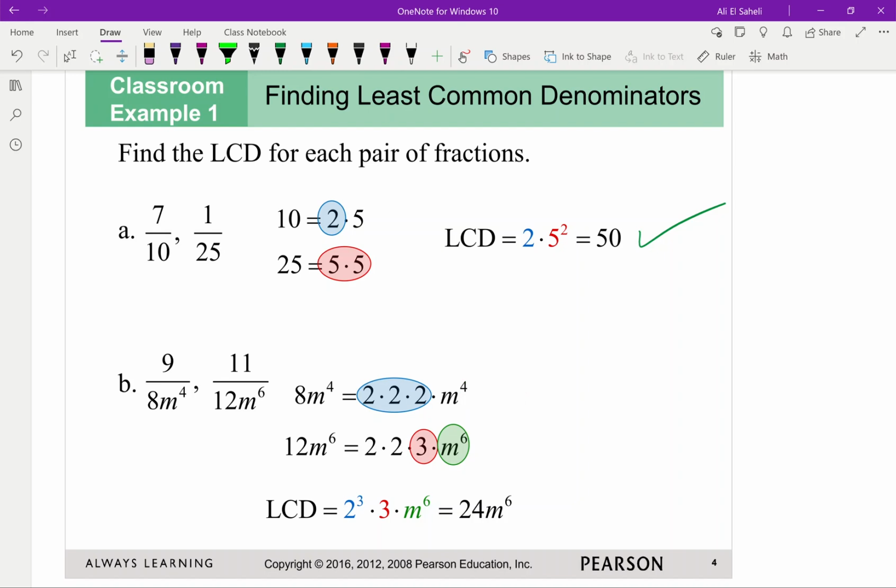So m to the power 6, this factor appears most in the second denominator, and 2 appears most in the first denominator, 2 to the power 3. 3 appears only in the second denominator, and it appears once. Multiply them out, and you get the least common denominator of these two denominators.